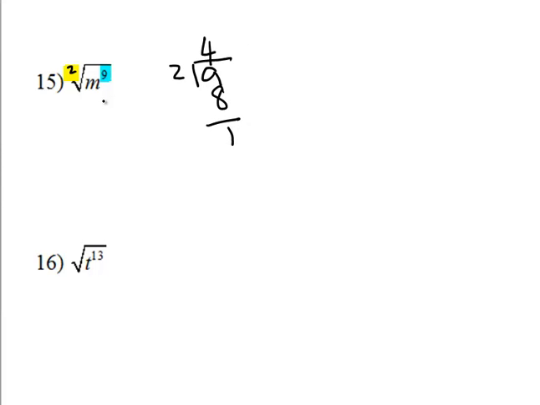So I will rewrite this as m to the 4th, because that's what came out, and what got left behind was this guy. So what's left inside the radical is just m.